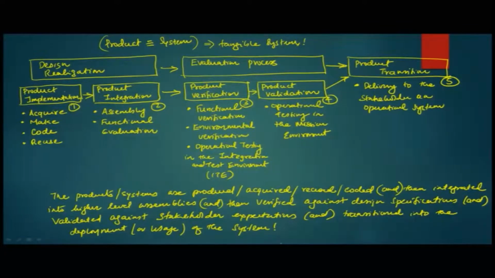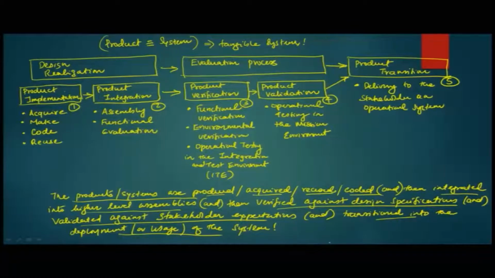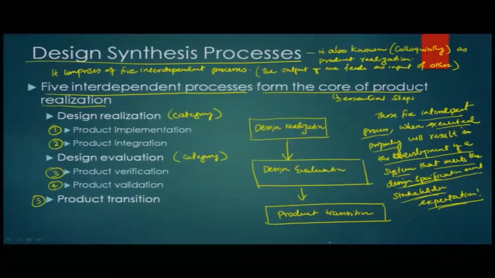So, in a simplistic sense, the aim is to produce, acquire, reuse or code systems such that these can be integrated into higher level assemblies, then verified against design specifications, validated against stakeholder expectations, and transitioned into the final deployment. If we go back to the previous slide, product implementation is where the make, buy, etc. happens. The integration is assemble and test.